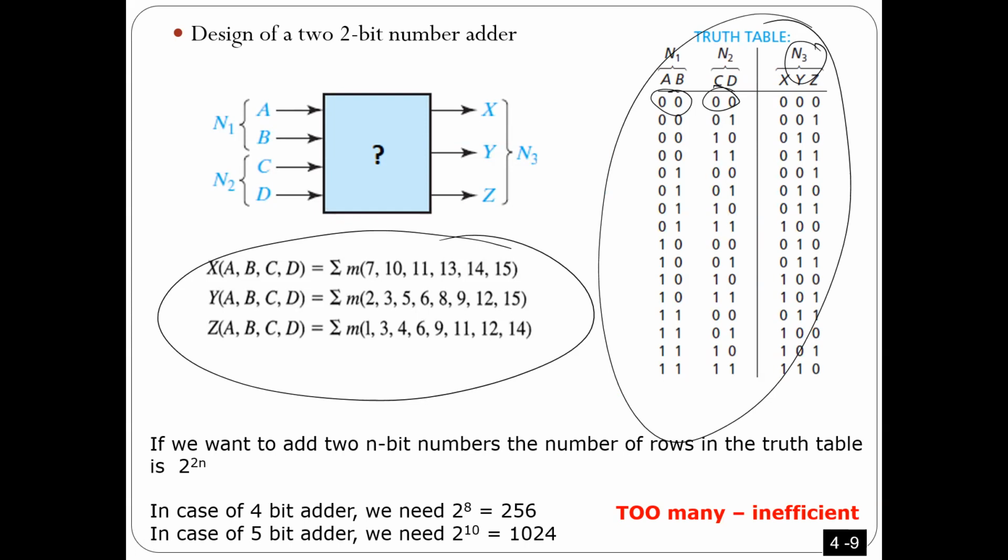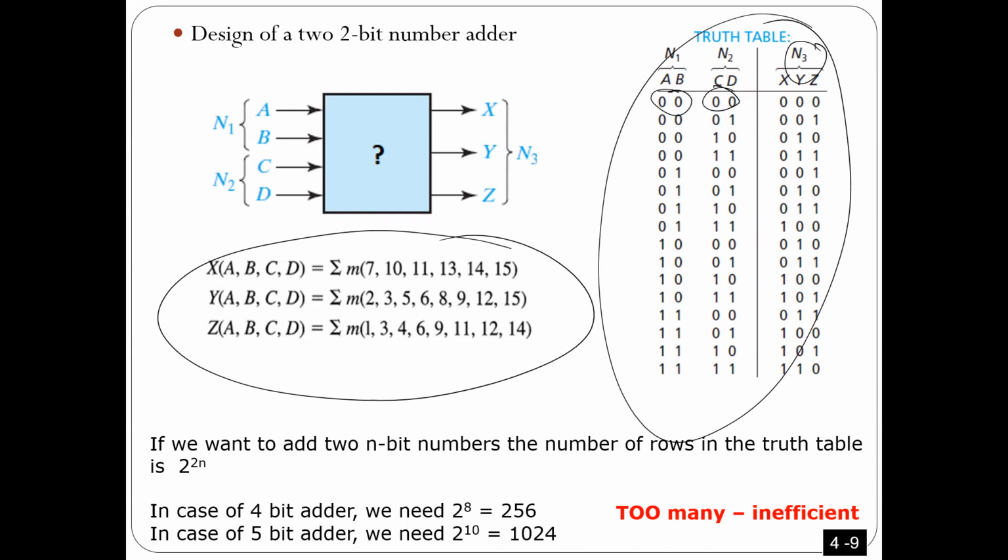This is usually the traditional way we design any logic circuit. However, this way is inefficient if we have too many inputs. It may be okay if you add 2 to 2, two numbers, in this case you have 4 inputs.